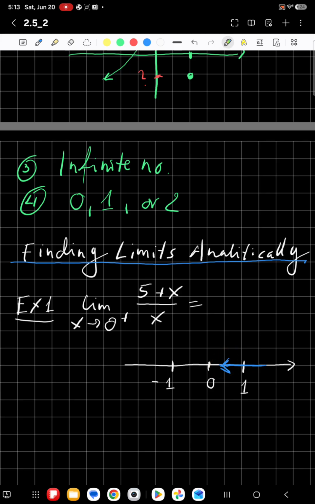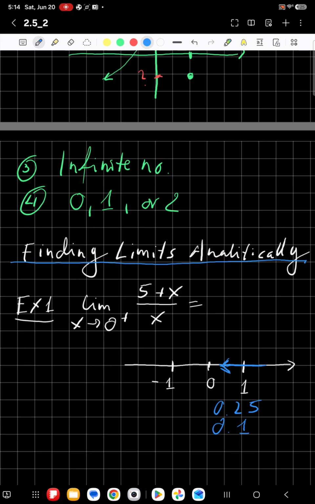But the mistake I see students make is that they plug in numbers like 2 or 3, which technically should be correct, but these are not numbers close to 0. So maybe we can plug in 0.5, or something even closer. Let's start with 0.25 and see what happens. Then we'll plug in 0.1.